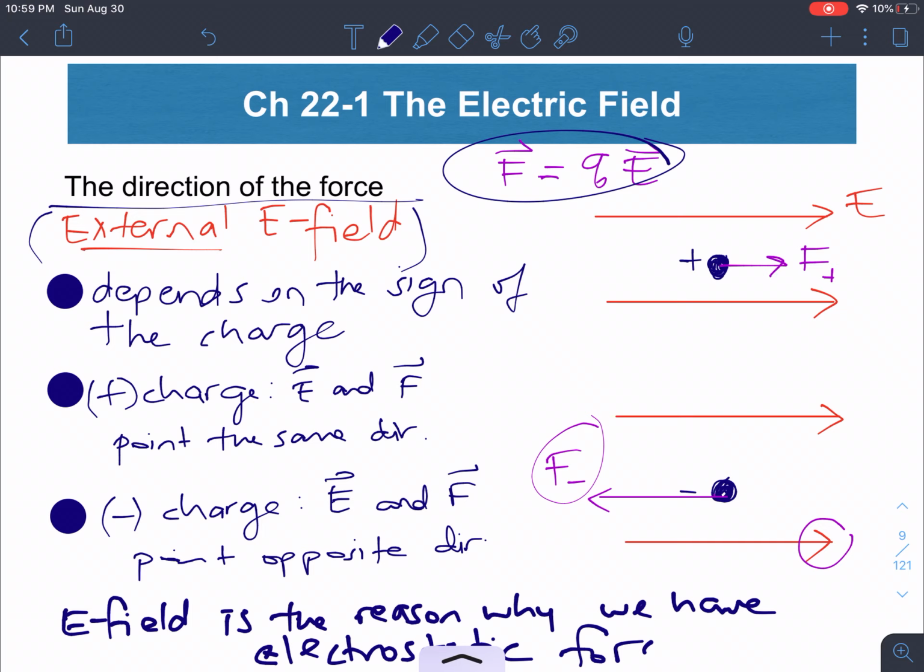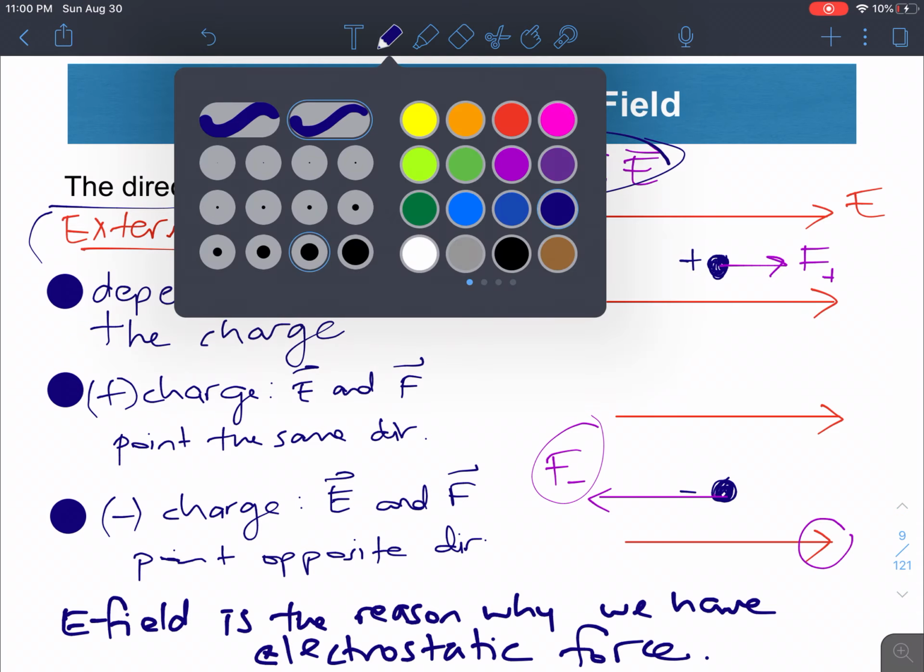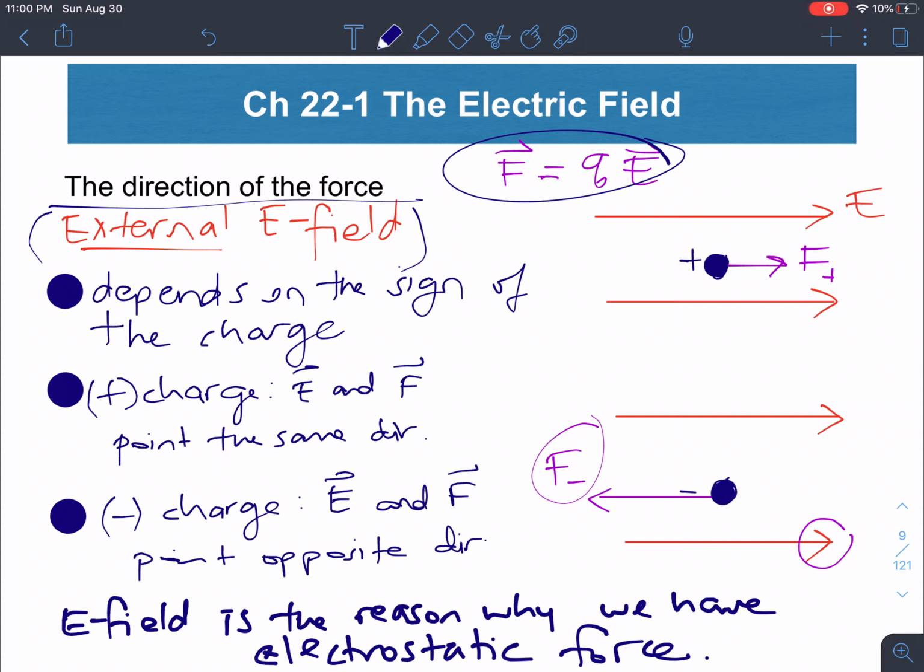So now we know why we had electrostatic force to start with, because there was an E field, an electric field, due to some other charge distribution. Again, that's external to the point charge that we are focusing on here. At the moment we don't really care about it, but we will talk about it soon.